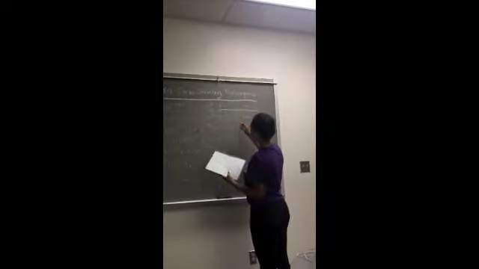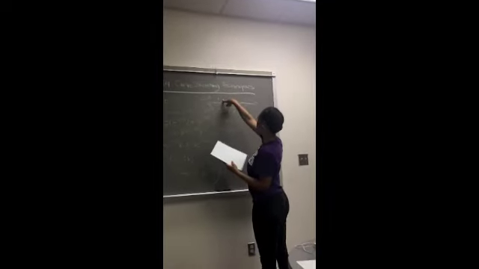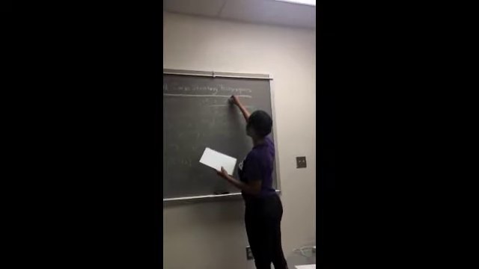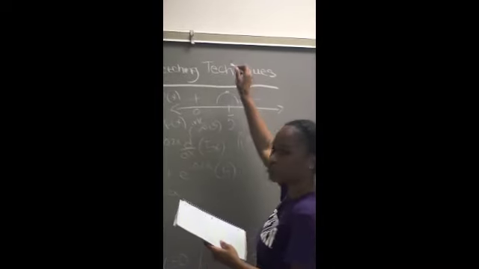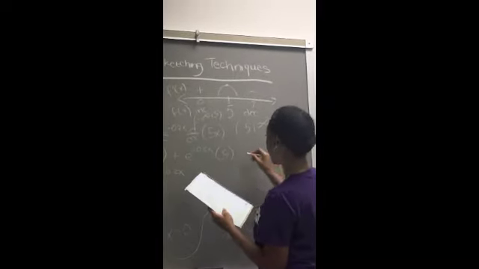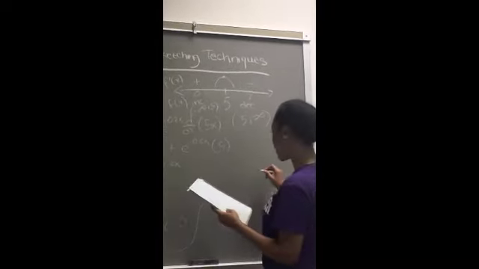Since it is increasing and then decreasing, the graph should look something like this, which means it has a local maximum at x equals 5.